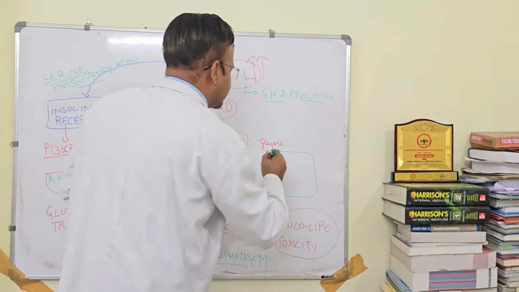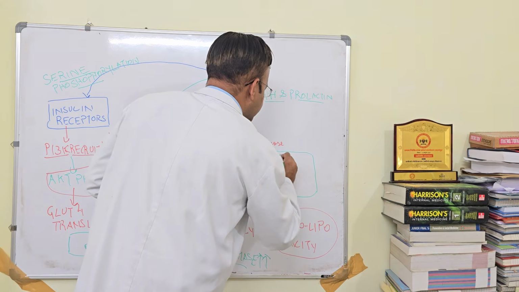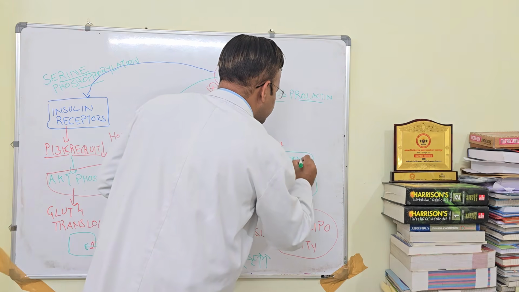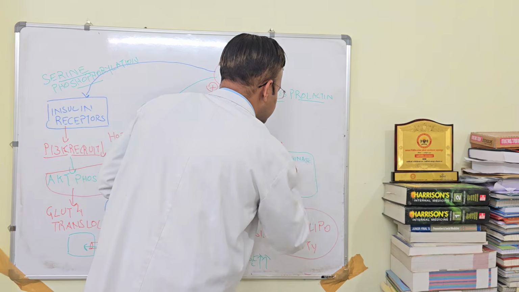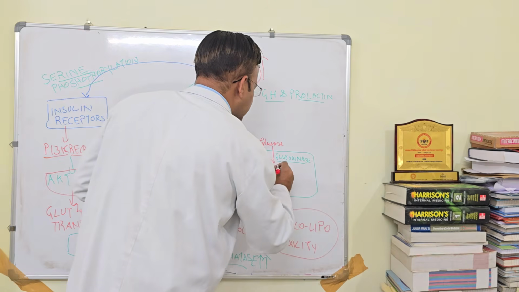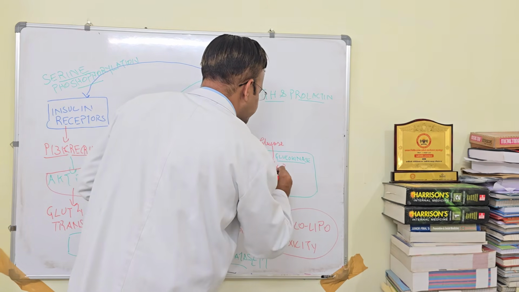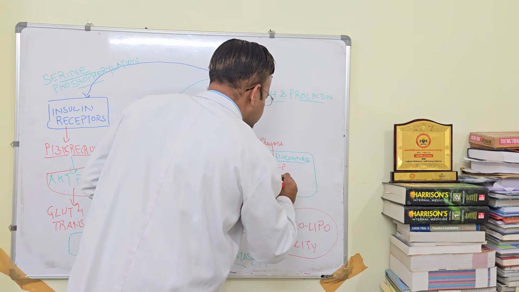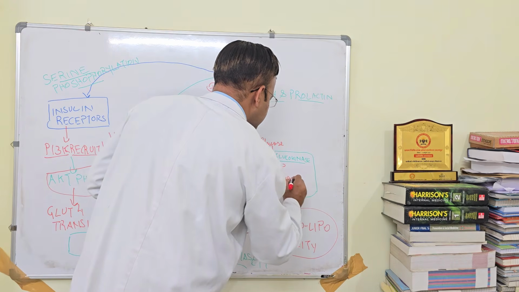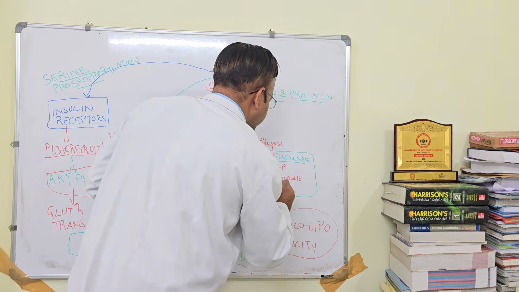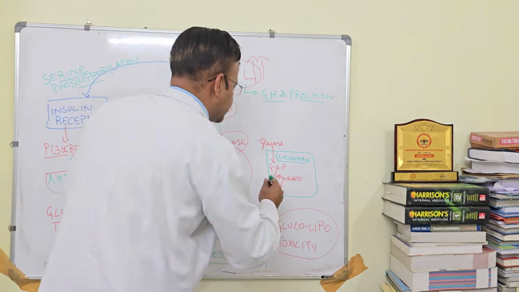The glucokinase is sensing the glucose. It gets converted into glucose 6-phosphate, and after multiple steps, it will get converted into pyruvate, right? This pyruvate will go inside where? Mitochondria, right?